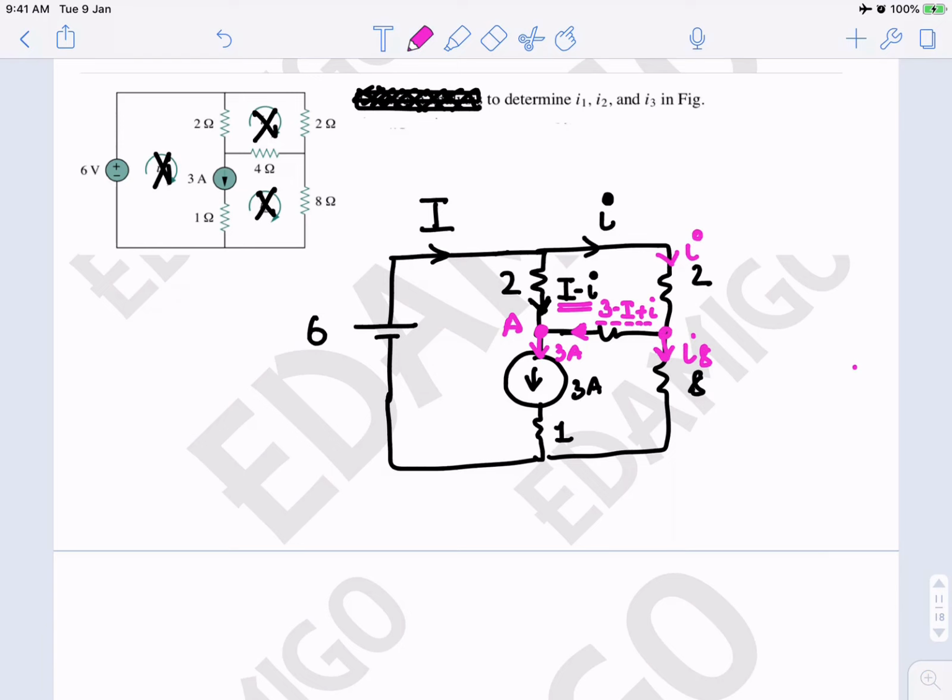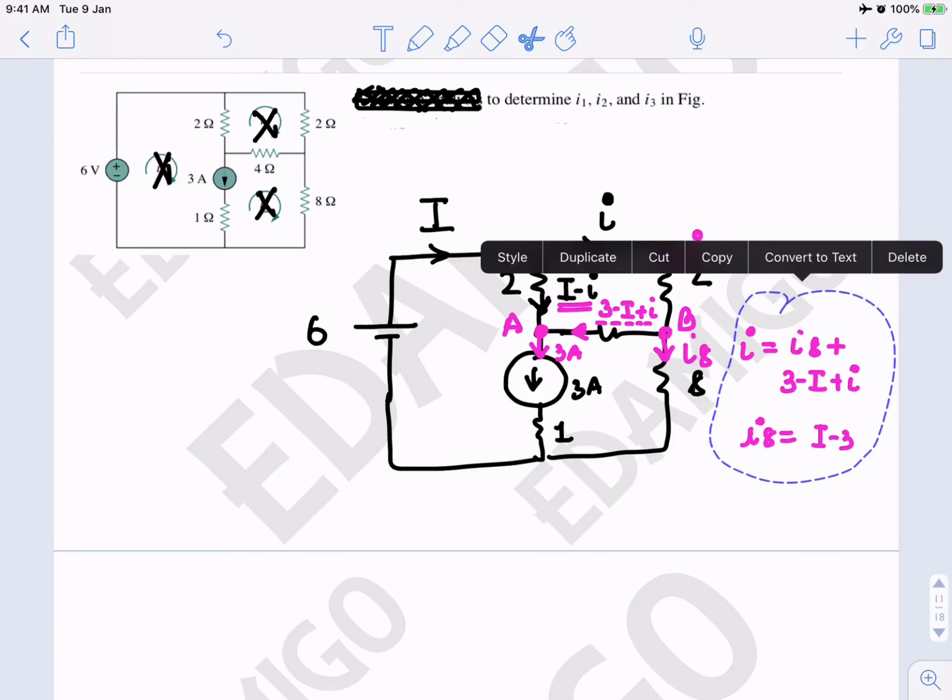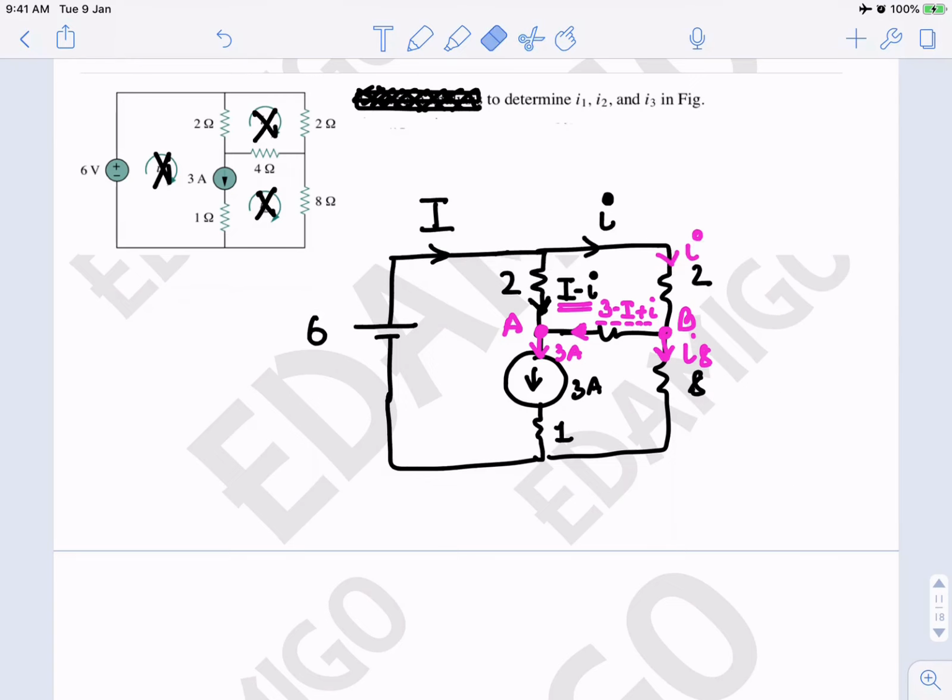Now apply KCL at this node B. The incoming current is capital I, the outgoing currents are I8 and 3 minus capital I plus small I. So I8 will be equal to capital I minus 3. So this is current I8.